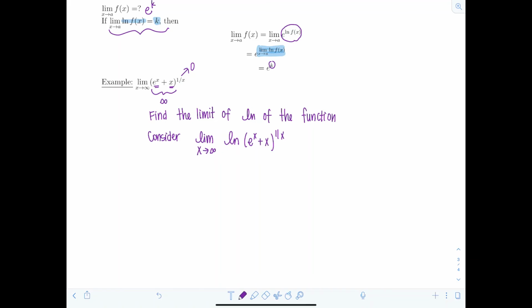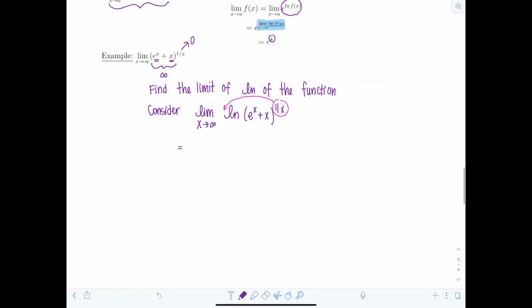Now, the nice thing about logarithms is I have all these wonderful properties I can use. So I can take that exponent 1 over x and bring it down in front, right? Multiply by it. And so we're going to have here now the limit as x approaches infinity of 1 over x times the natural log of e to the x plus x.